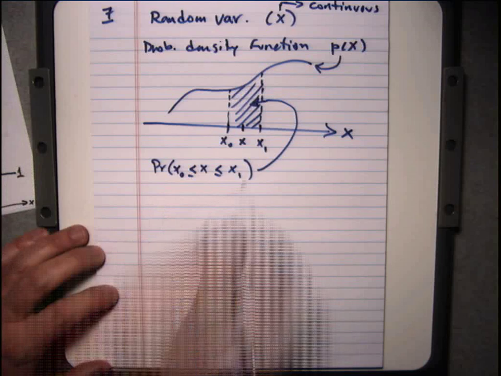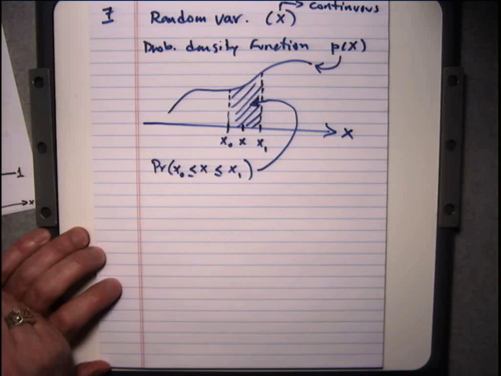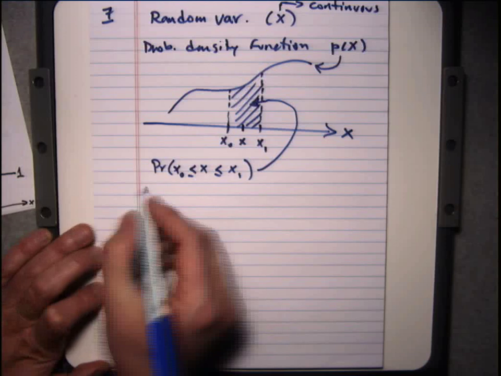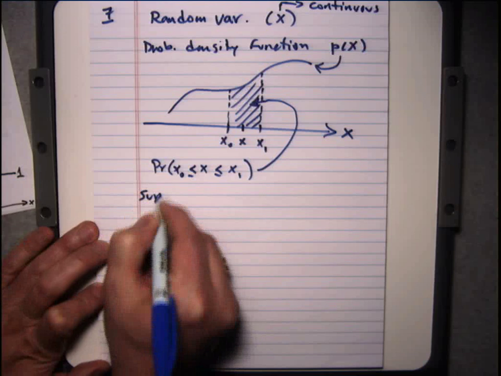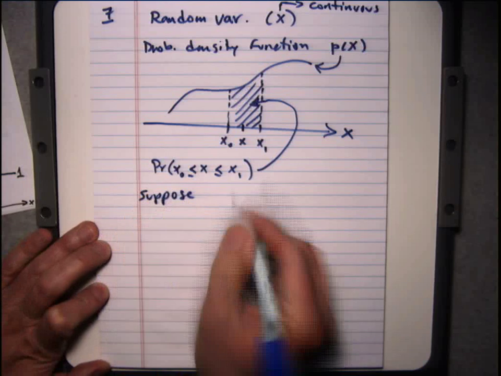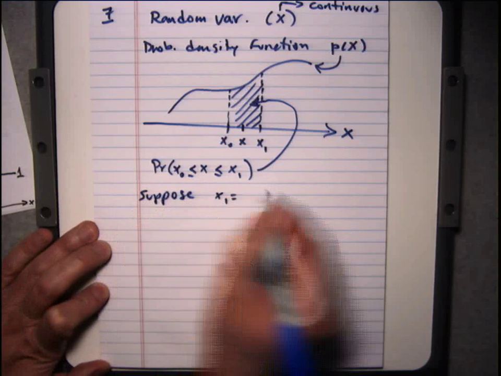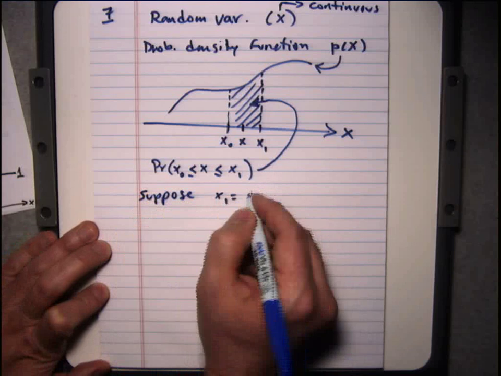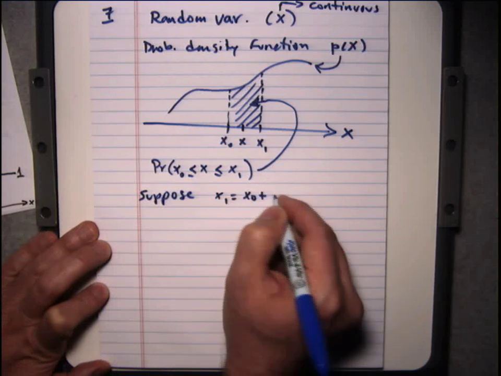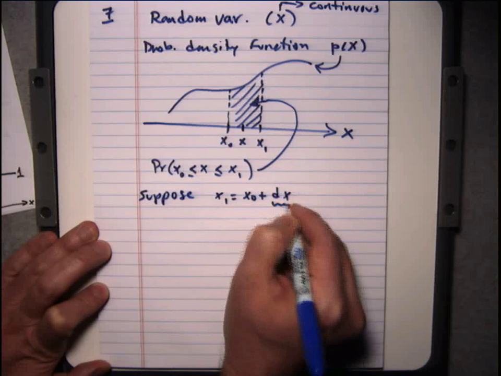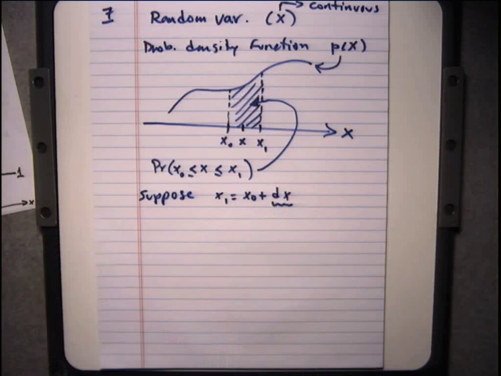Now, we can do this, like I said, in a small neighborhood. So let's suppose, as I said, let's say x1 is equal to x0 plus dx. And this dx is sort of the differential that you're familiar with from calculus, right?